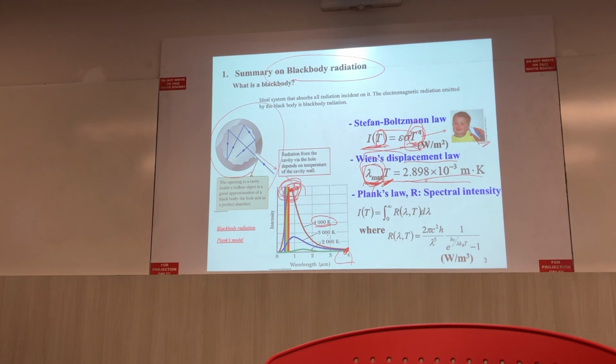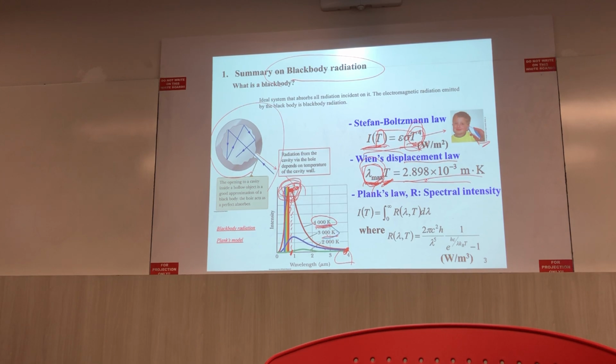We apply this Wien's displacement law for this 4000 Kelvin, and you see that our maximum wavelength is around here. Now let's also apply this Wien's displacement law for the 3000 Kelvin, so I'm going to use a different color.